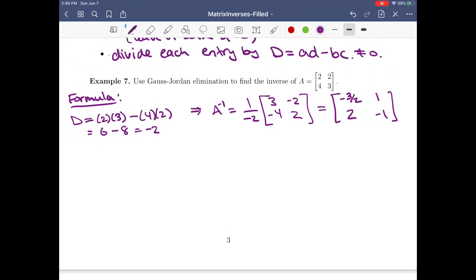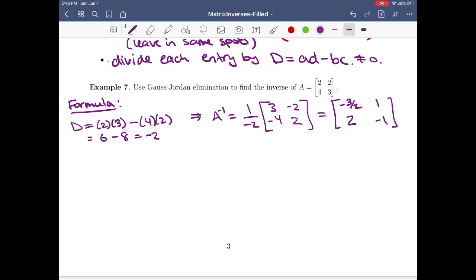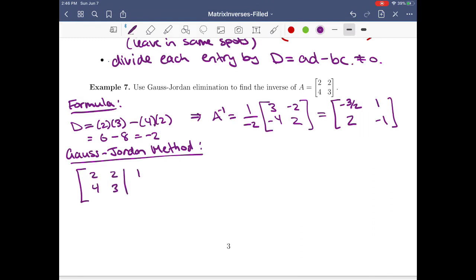Now let's try to do it with the Gauss-Jordan method. What I want to do is augment matrix A with the identity of the same size. Here that's I2.